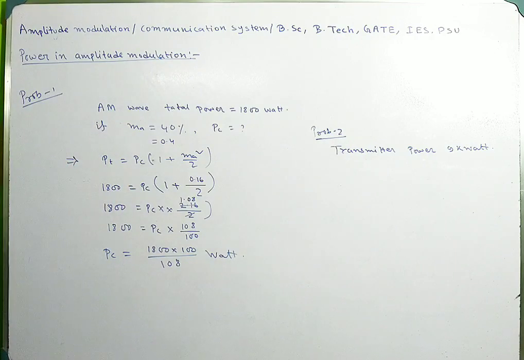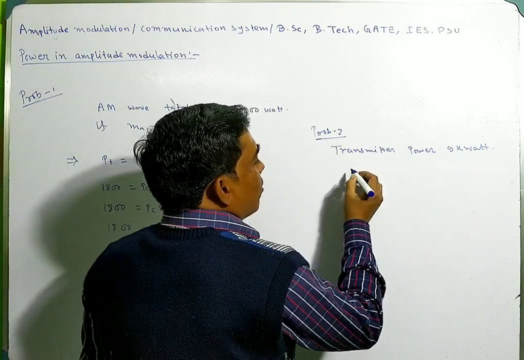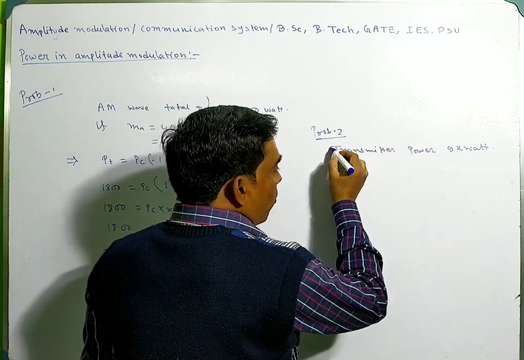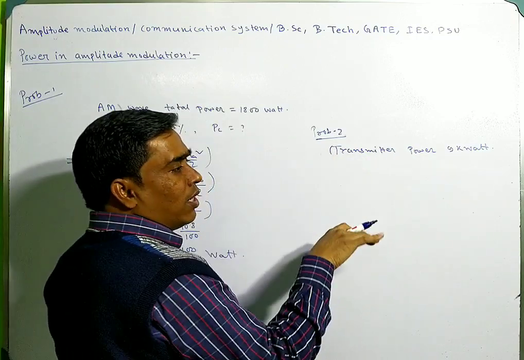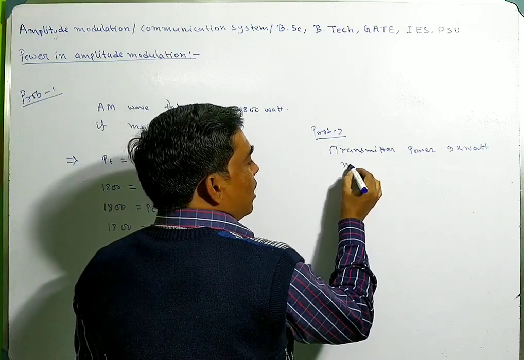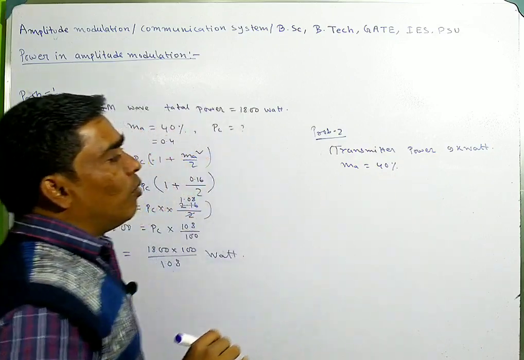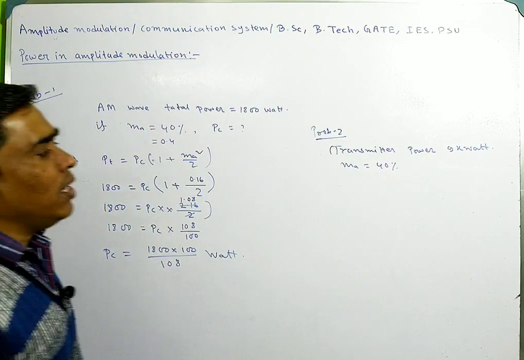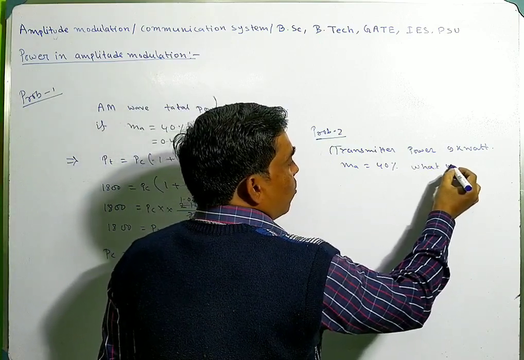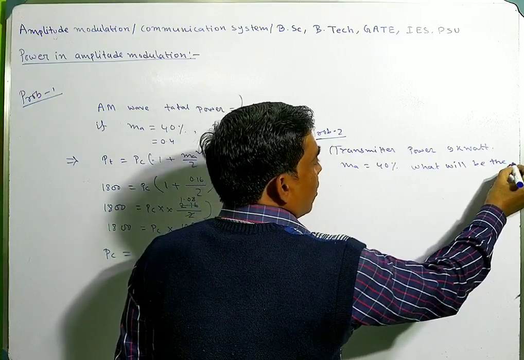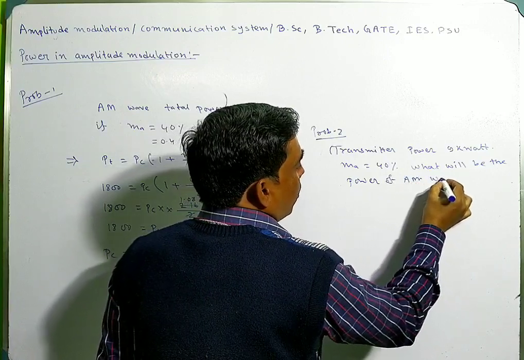Then if the wave from this transmitter is modulated and the modulation index is given by 40%, then what will be the power of the amplitude modulated wave?